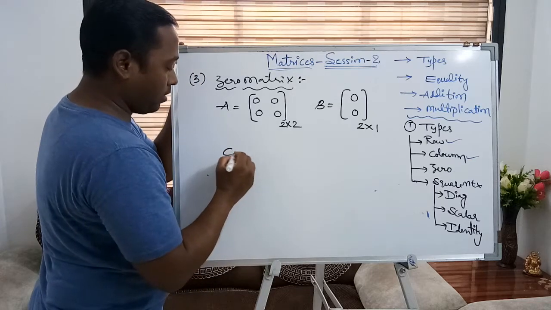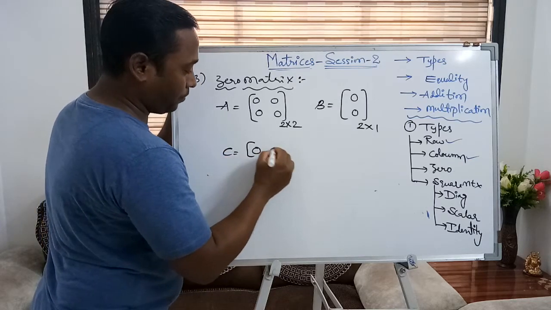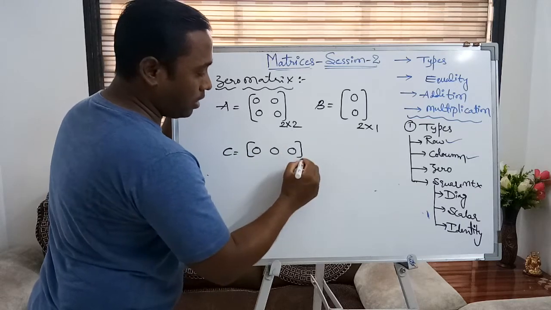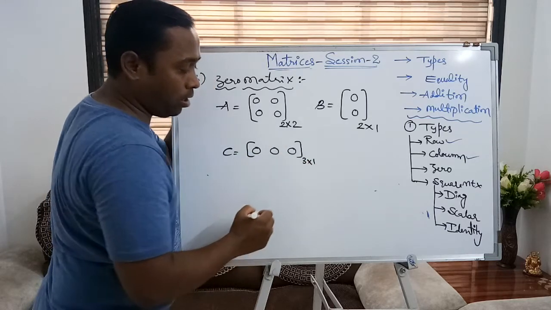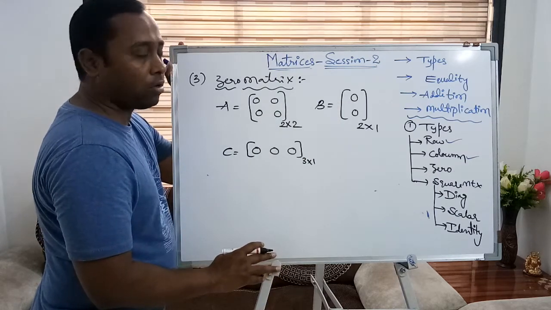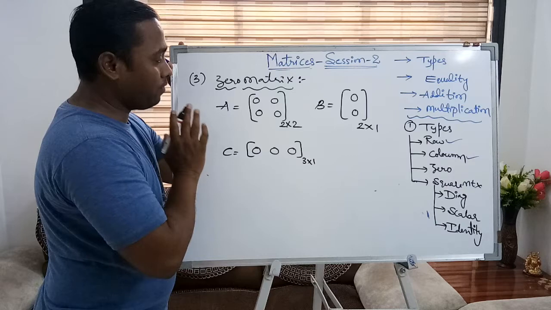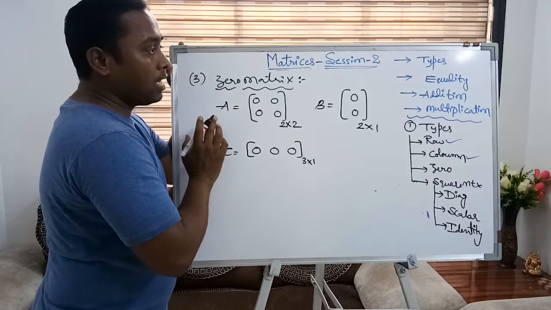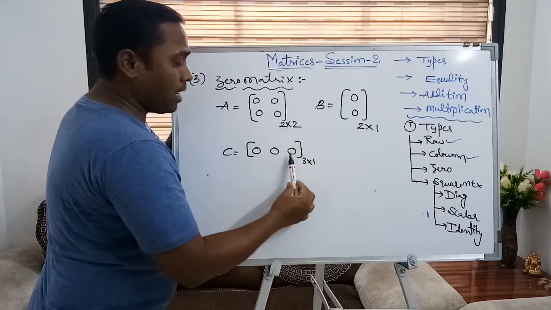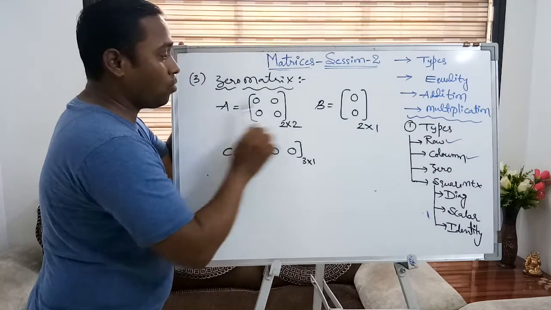And I can also write another zero matrix with 1 row but 3 columns. These are all examples of zero matrices. It means that when you say zero matrix, each and every entry of the matrix is 0. Hence it is called a zero matrix.